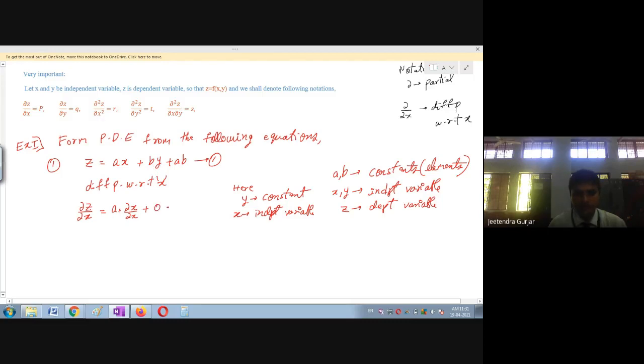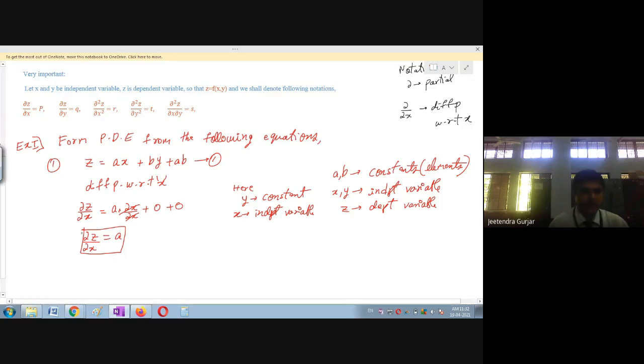Therefore, this will become 0 plus. Here a is constant, b is also constant. Therefore, this is going to become 0. So this is equal to a. Here dou x and dou x will get cancelled. Therefore, it is 1. So dou z upon dou x will become the a value. Is it clear? Any doubt, please ask me. Yes, anyone has a doubt?